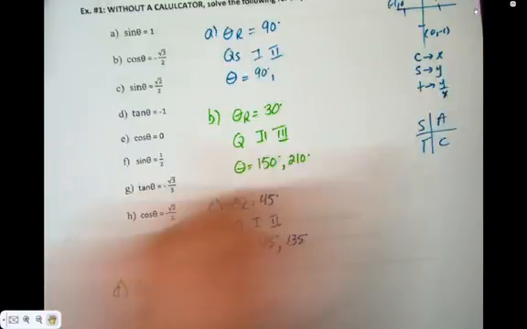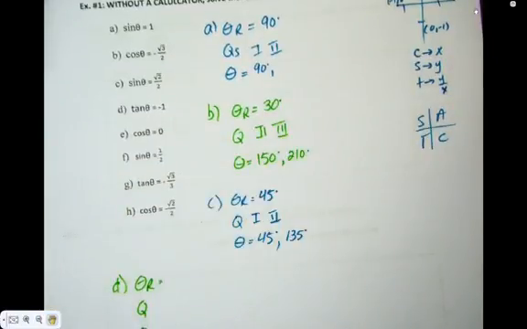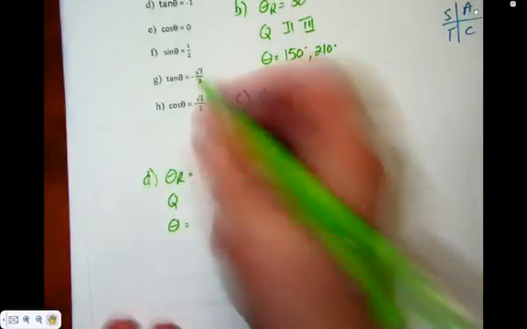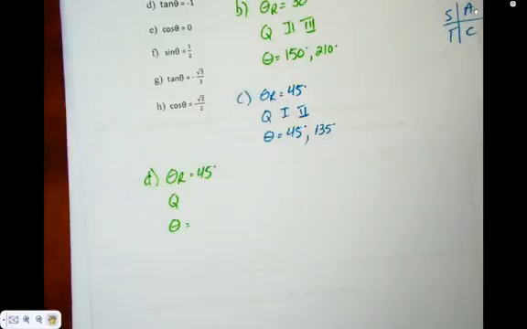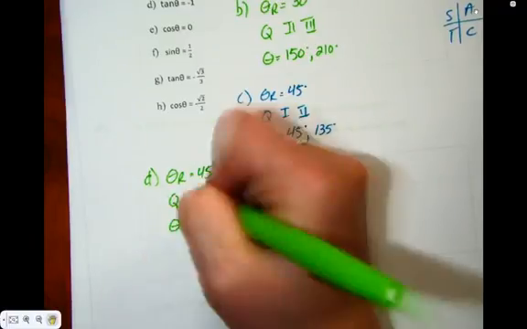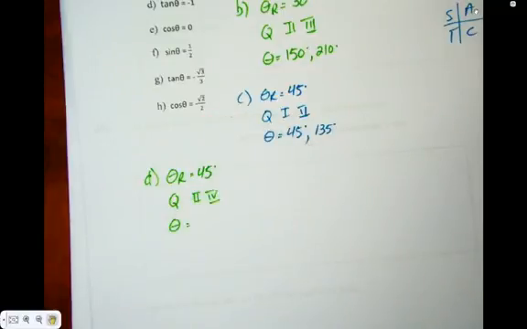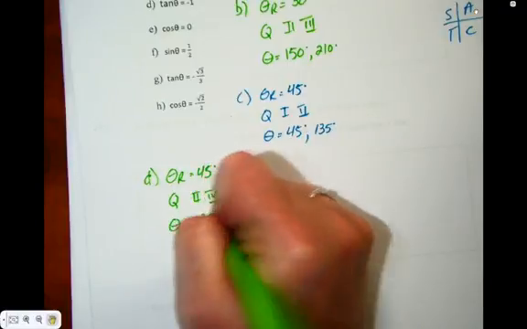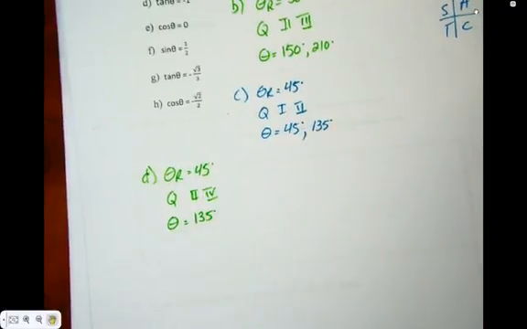If this doesn't work, go back to your other method, table or ratio or triangle. Which angle has a tan of 1? 45. What quadrants do we want? 2 and 4. In quadrant 2, we just did that in the last example. And in quadrant 4?